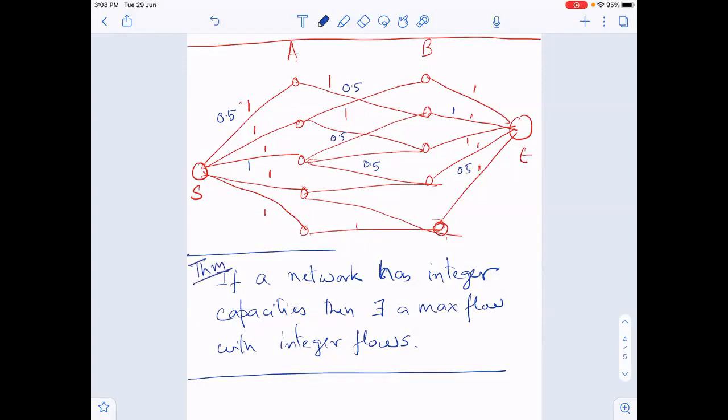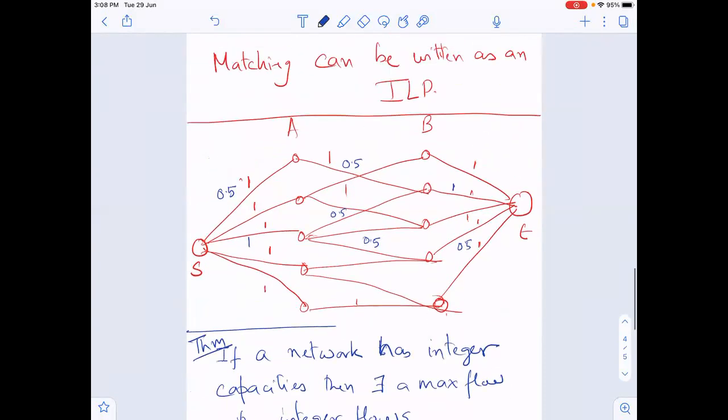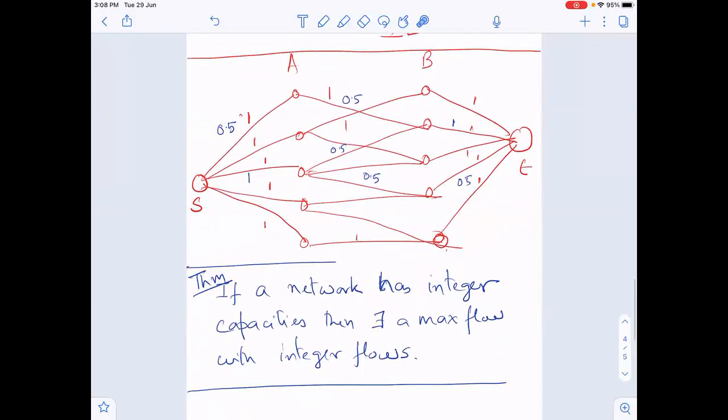So if this is indeed the case, then what happens? Then in this flow that we have drawn, whatever 0.5 and all those things cannot happen, right? I mean, it can happen, of course, but if there is a max flow, then that max flow can also be attained by a flow where you use only integer weights. Integer weights means 0 and 1, right? So basically, I'll pass 1 from here to here, 1 from here to here, and 1 from here to here.